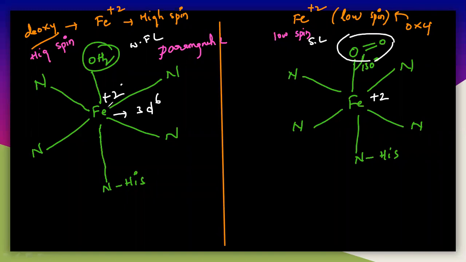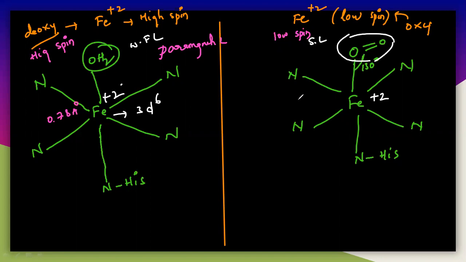Here is the iron in the high spin complex and the iron in the low spin complex. So what is the difference between these two? If it is high spin, then the radius of this particular iron is 0.78 angstroms.